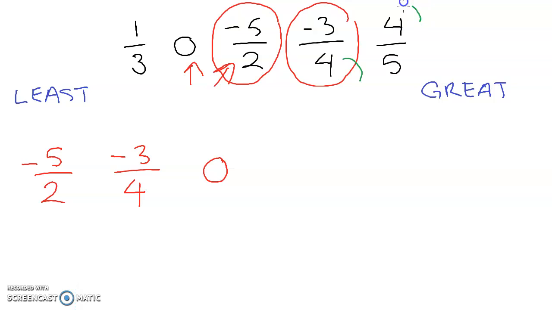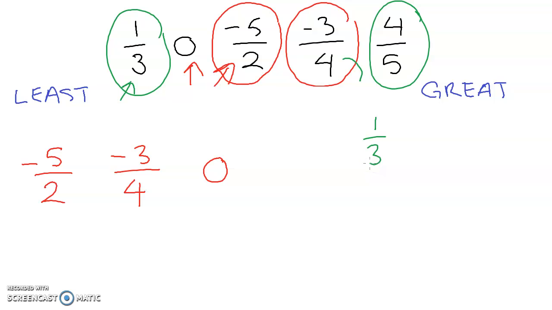And now I'm going to look at my positive numbers. So again, it is most useful when comparing fractions to get a common denominator. In this case, there's nothing I can multiply this 3 by to get 5, so I am going to just multiply them by each other. So with this 1/3, I am going to multiply by 5 and 5.